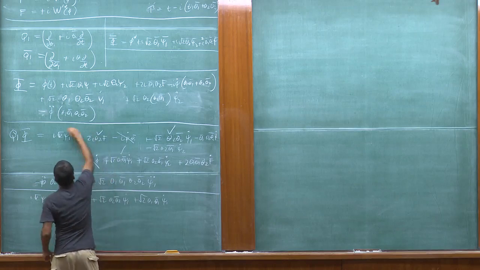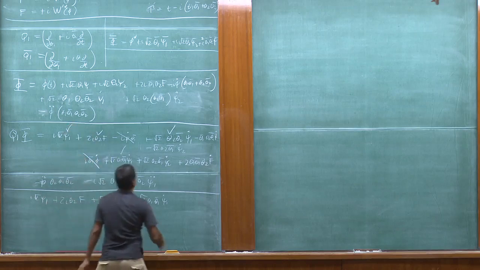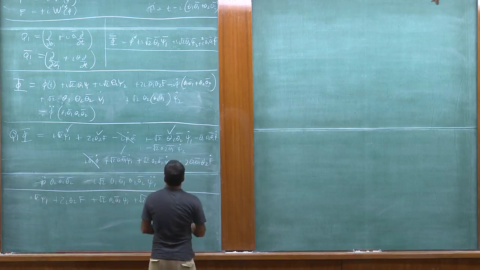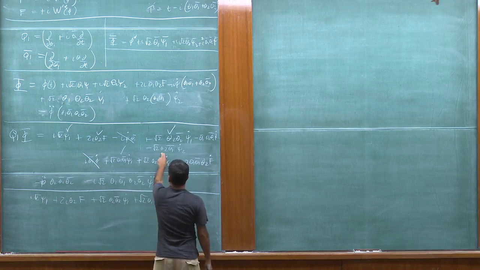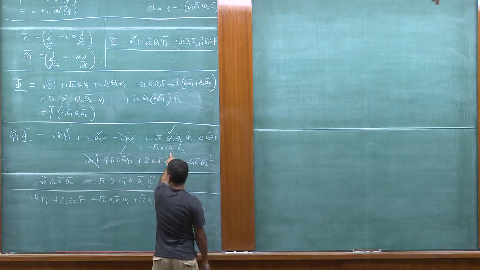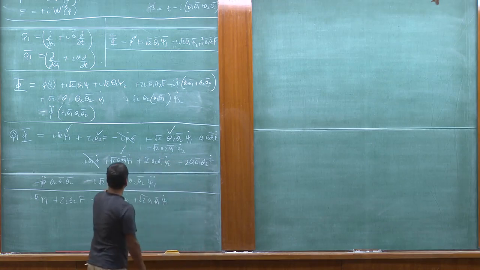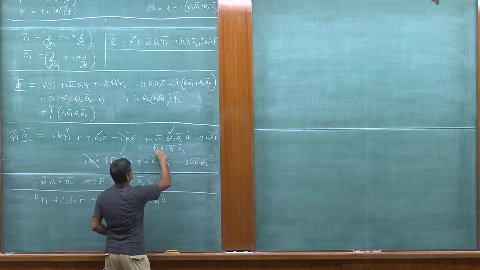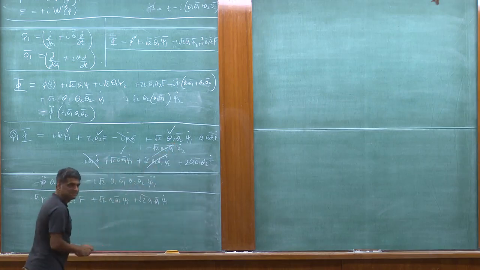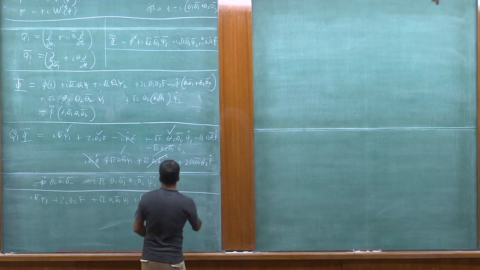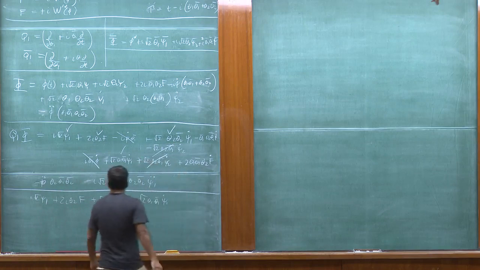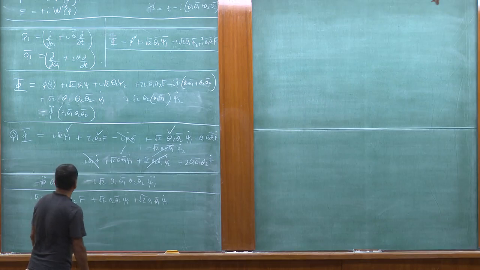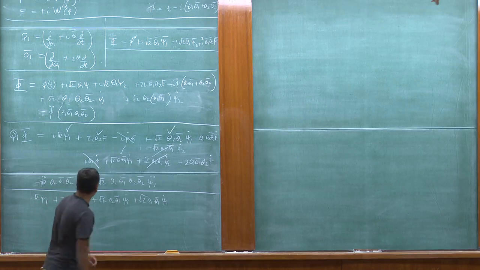Oh, yeah, I've done this, I've done this. Okay. Then there was this minus square root 2 theta 2 bar psi 2 dot, and plus square root 2 theta 2 theta 1 bar theta 2 theta 1 bar. So these guys cancel. Okay. Fine. Have I dealt with every term of quadratic order? As far as I can tell. Okay.